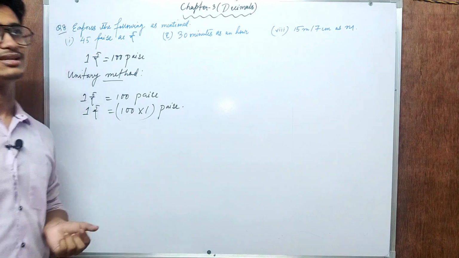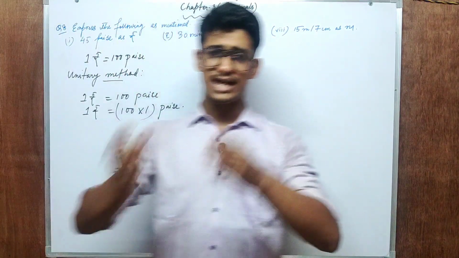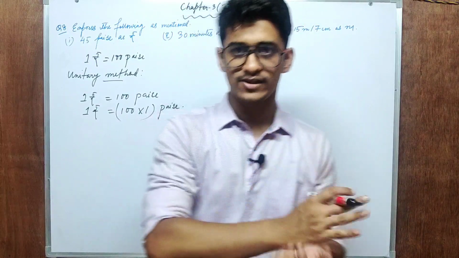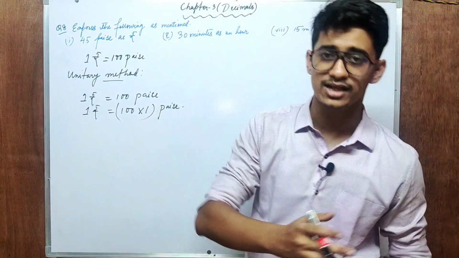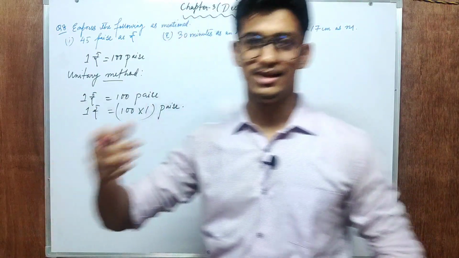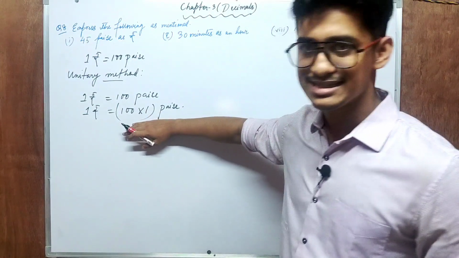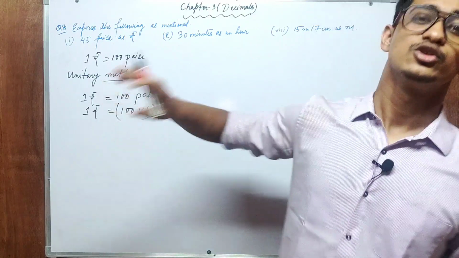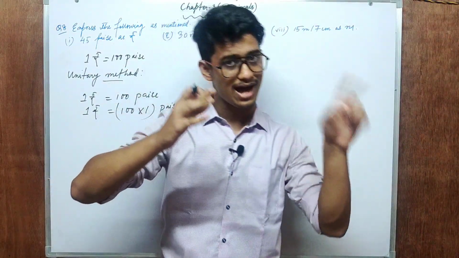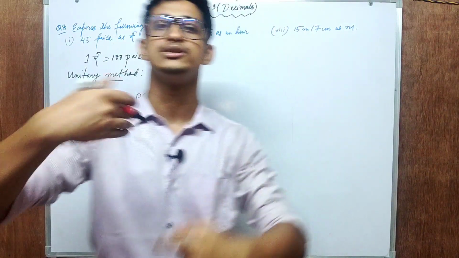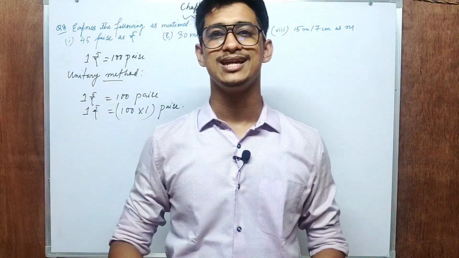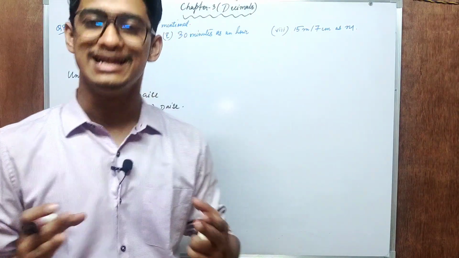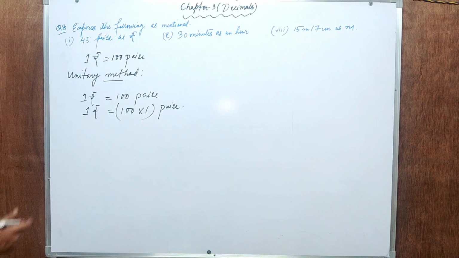Here a multiplication sign is there, and whenever we want to change from left hand side to right hand side or right hand side to left hand side, we have to do the opposite thing, right? In the RHS, the operation being used is multiplication, so when we convert from RHS to LHS, it will be the opposite one. What is the opposite of multiplication? That is nothing but division.